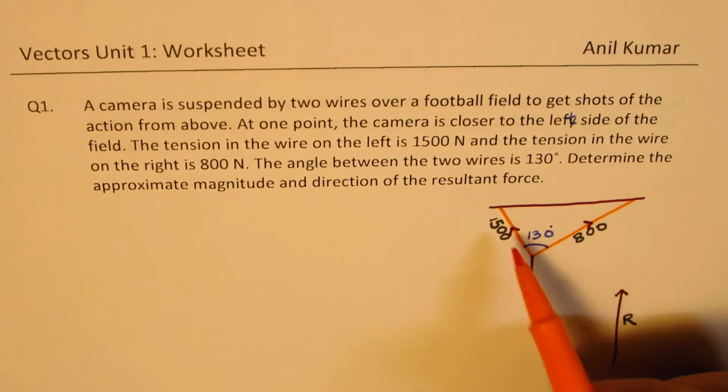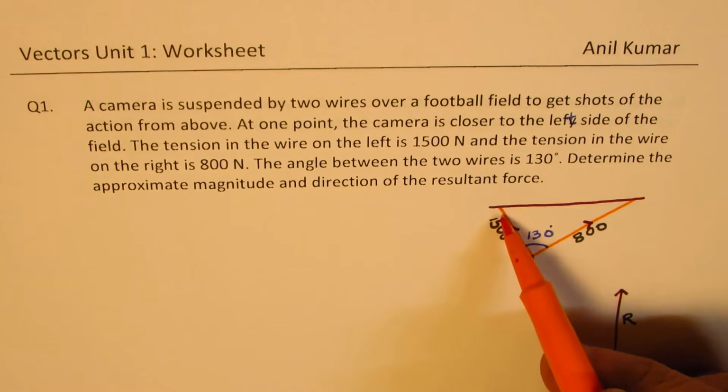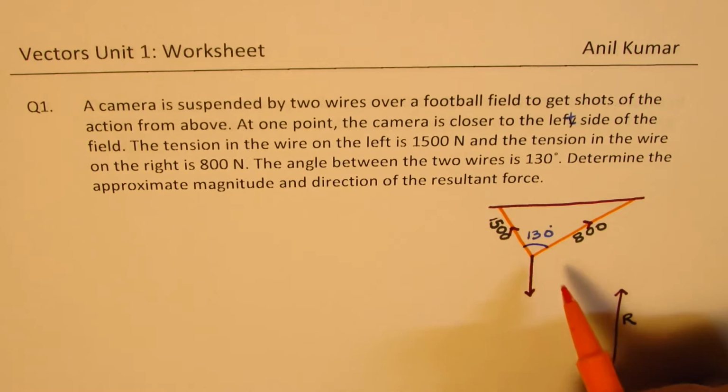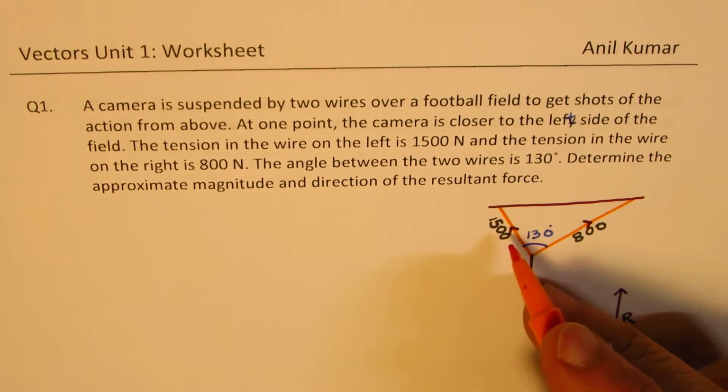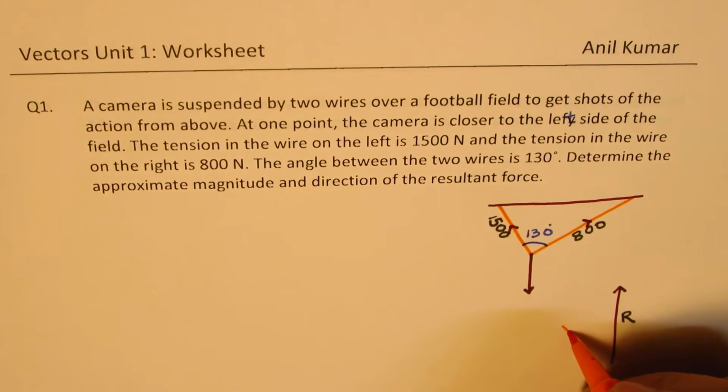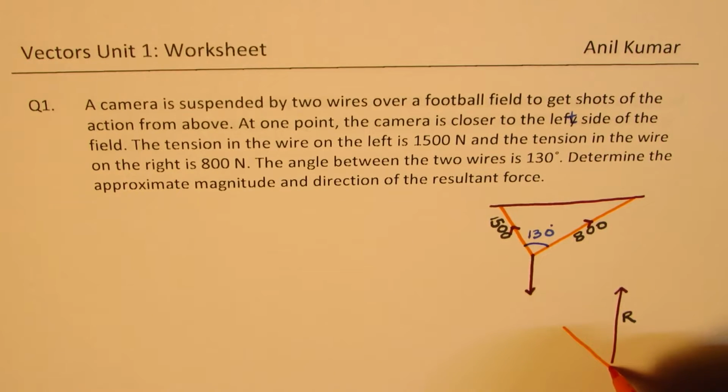To make a triangle, what we do is we draw lines parallel to and equal to those shown in the diagram. So here, this is the line. So from here we can draw a line which is parallel to the 1500 newton tension, and let's say there you go, right? So let's say this is our 1500 newton tension.